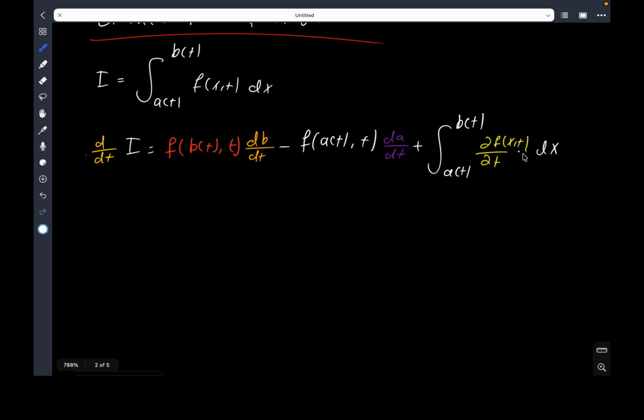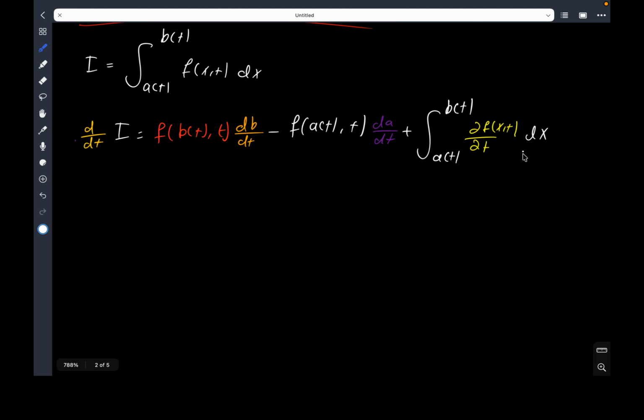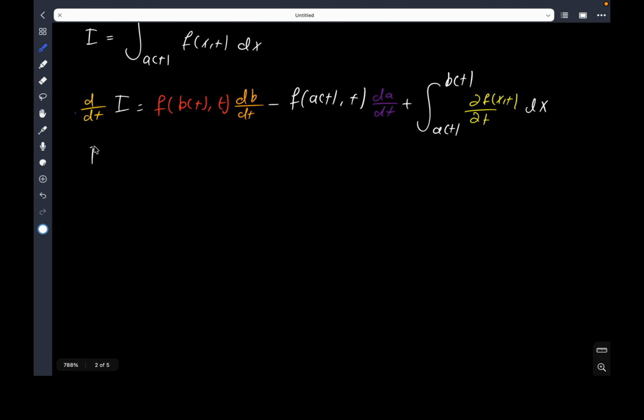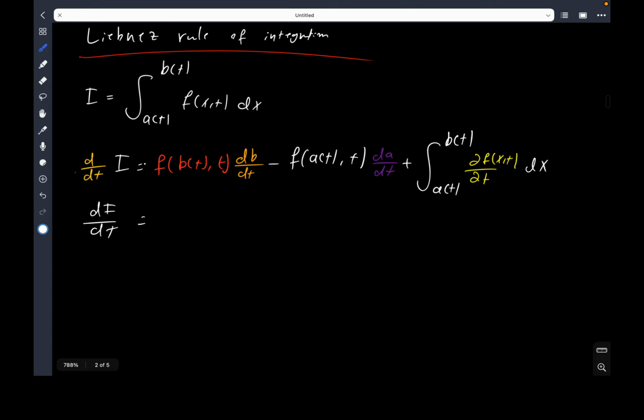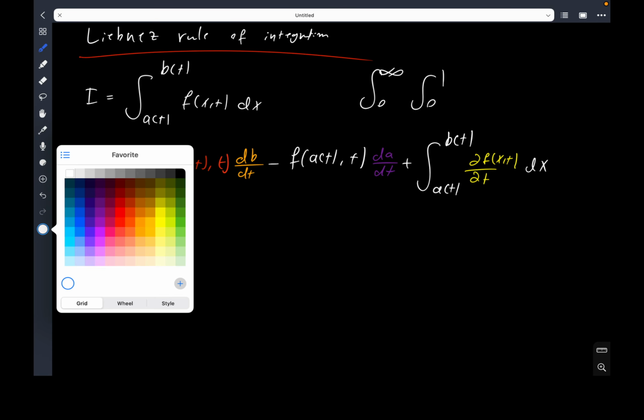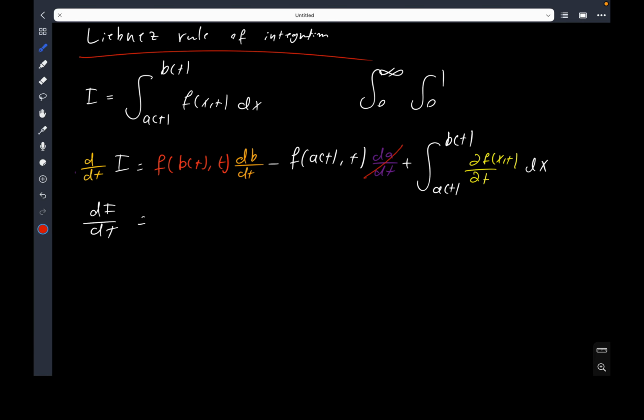Now, right now here, it's going to be I prime, or I can write it as dI dt. And for definite integrals, like the integral from 0 to infinity or 0 to 1, these two bounds are going to be constant, thus these derivatives are also going to be 0.